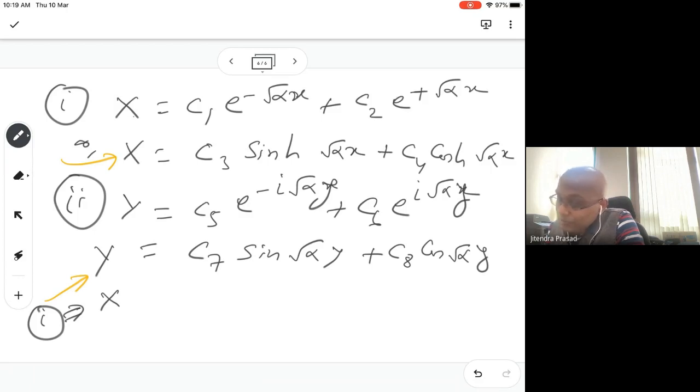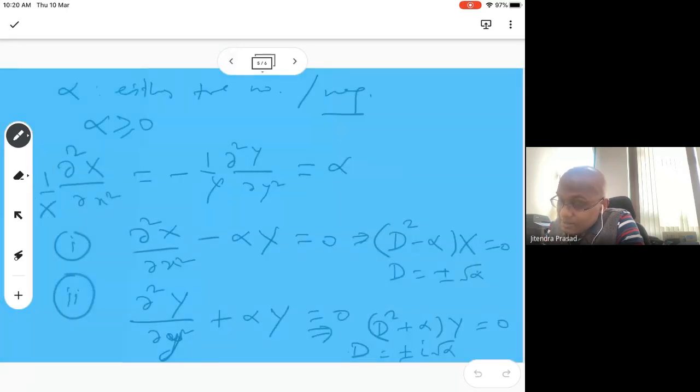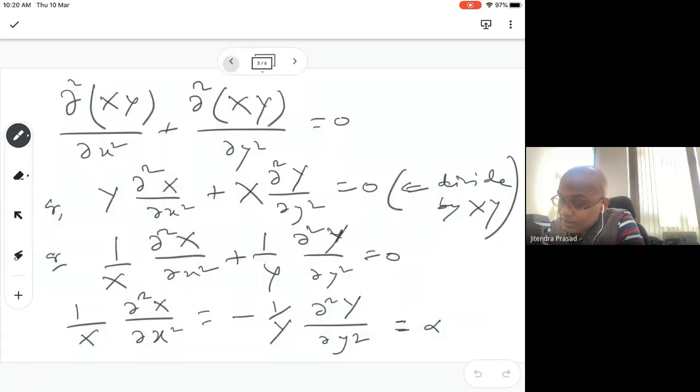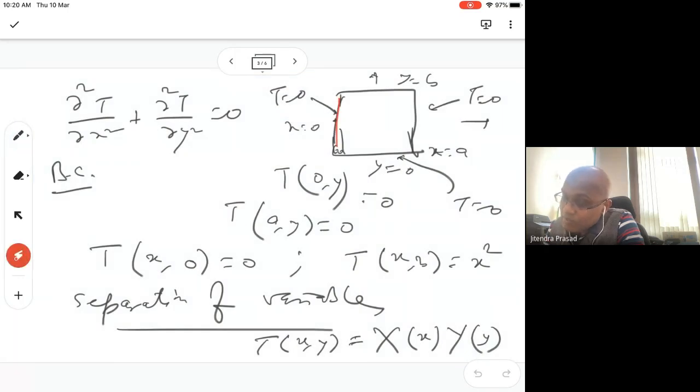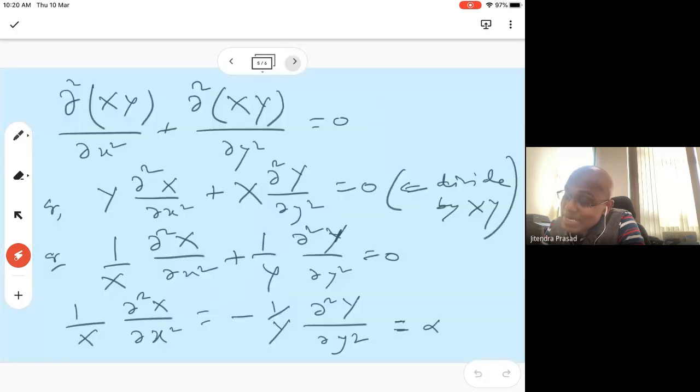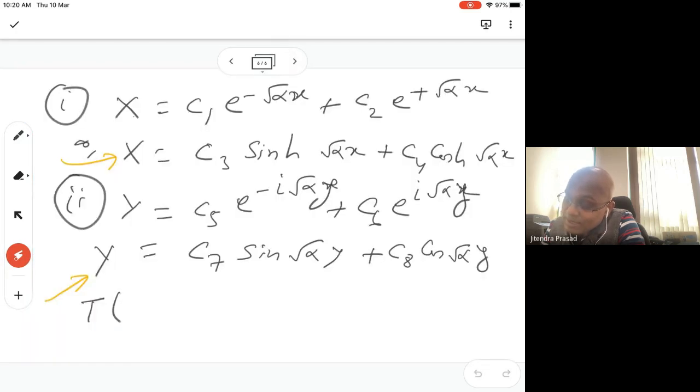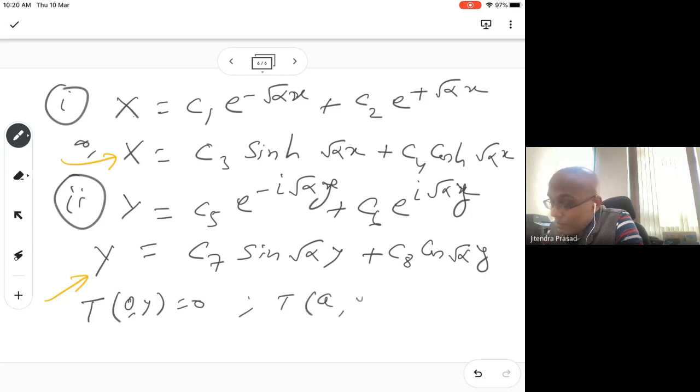We know that the values are t at x equal to 0 and y equal to 0, and t at a, y equal to 0. So those both have to be 0. Now we have to see whether the boundary condition can be satisfied here or not. t0 y is equal to 0 and t a y equal to 0.